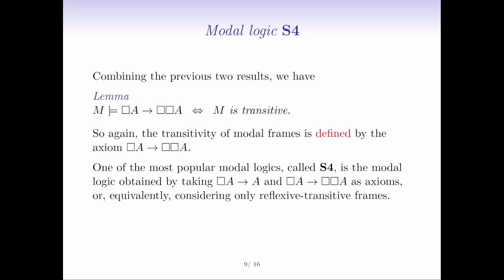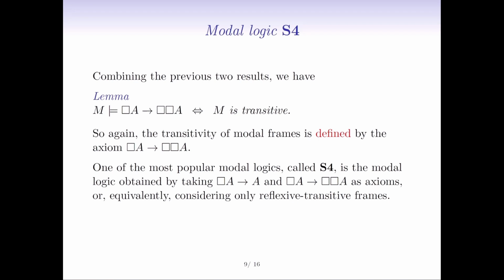And so, in fact, we can restrict to frames which are reflexive and transitive by taking the formulas box A implies A, which defines reflexivity, and box A implies box box A, which defines transitivity, as axioms. And if you add those two axioms to modal logic as we defined it here, then that is a very popular modal logic called S4. That's one of the most famous modal logics.